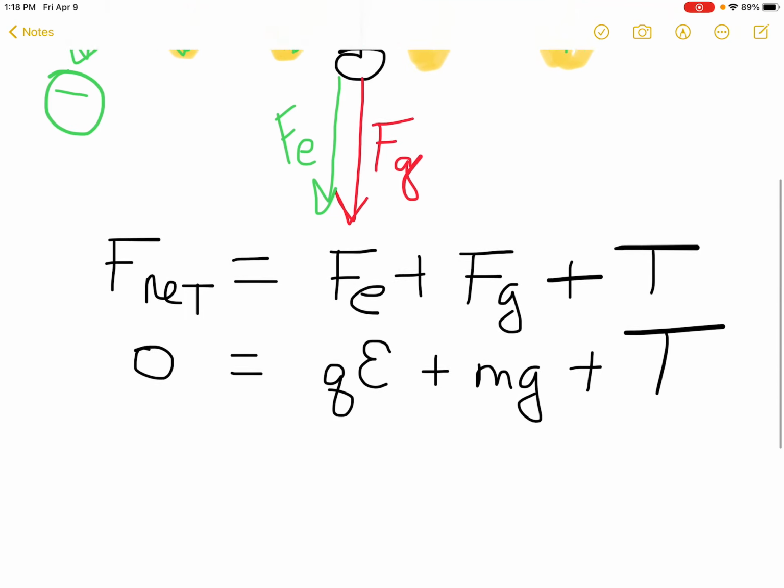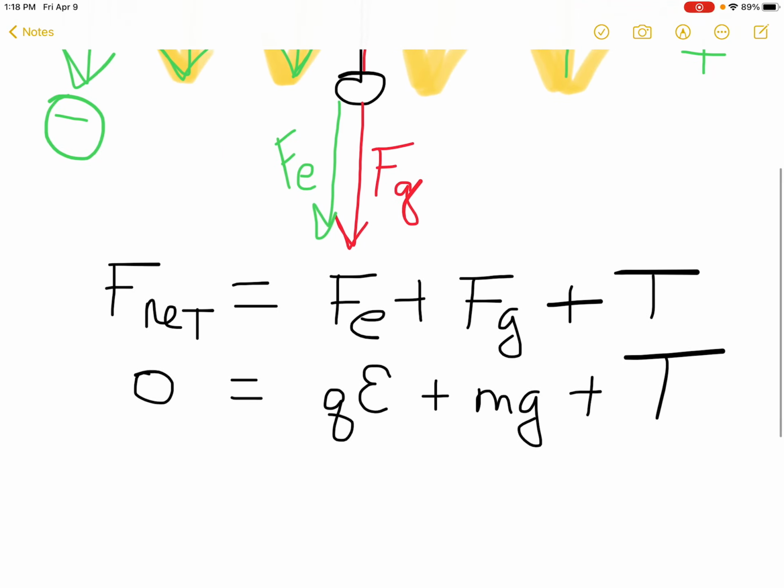Okay, so now, looking at the picture, you can see that the gravity and the Fe are both downward forces. So when I put in their numbers, I'm going to put them in as negative numbers, right? So Q is 8 microcoulombs.